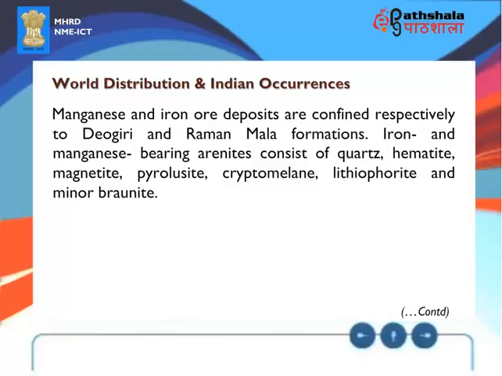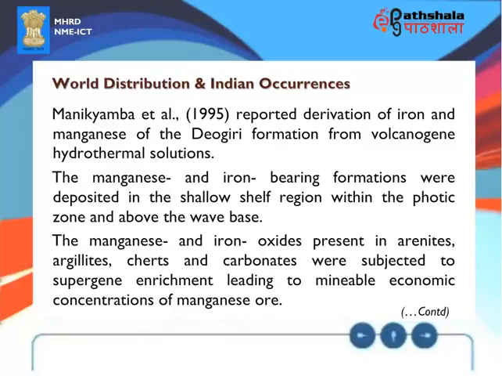Manganese and iron ore deposits are confined respectively to the Deogiri and Ramanmala formations. Iron and manganese bearing arenites consist of quartz, hematite, magnetite, pyrolusite, cryptomelane, lithiophorite, and minor braunite. Manikyamba et al. 1995 reported derivation of iron and manganese of the Deogiri formation from volcanogenic hydrothermal solutions.